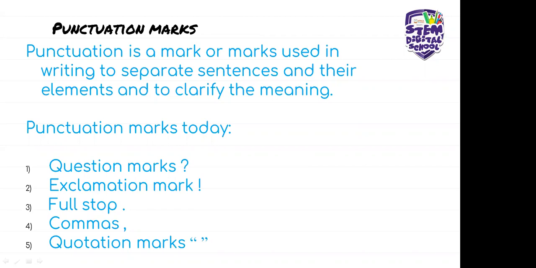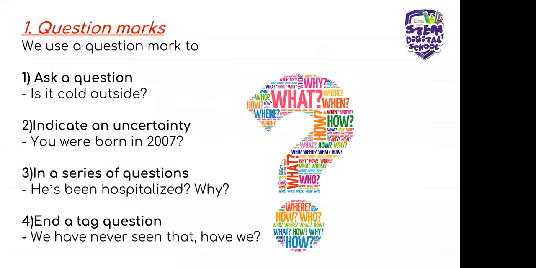Okay, question mark. Easy. We use a question mark at the end of every question. So a normal question like, is it cold outside? Question mark. To indicate uncertainty, when I ask you, you were born in 2000? If it's not something I tell you, it's something I'm asking you.